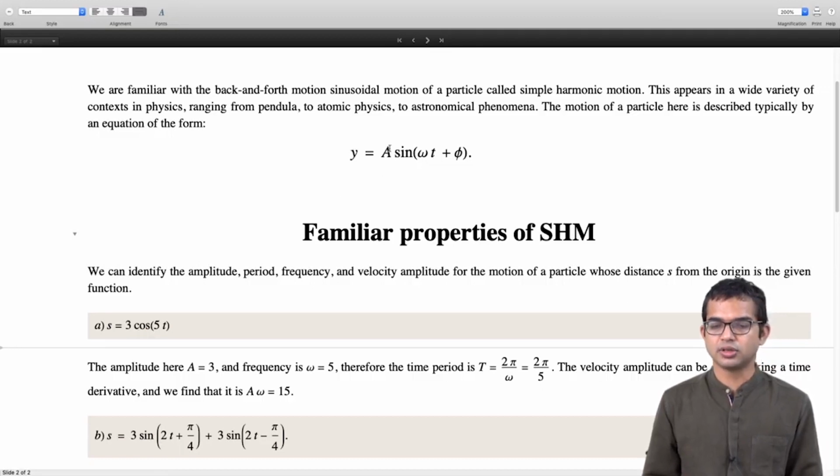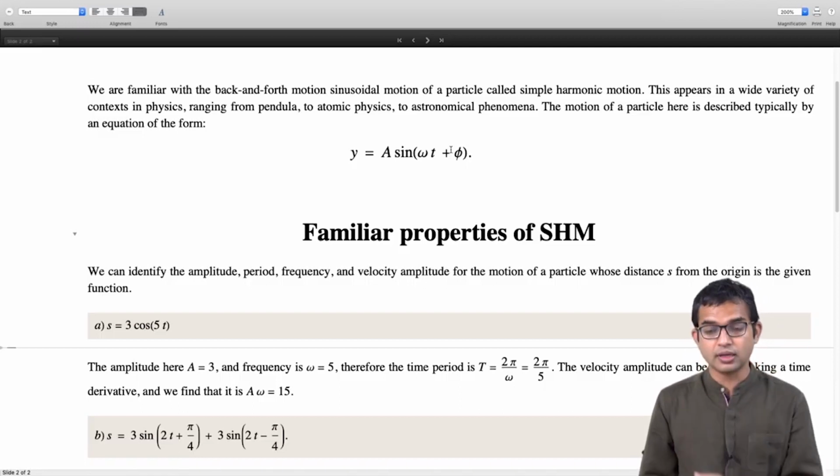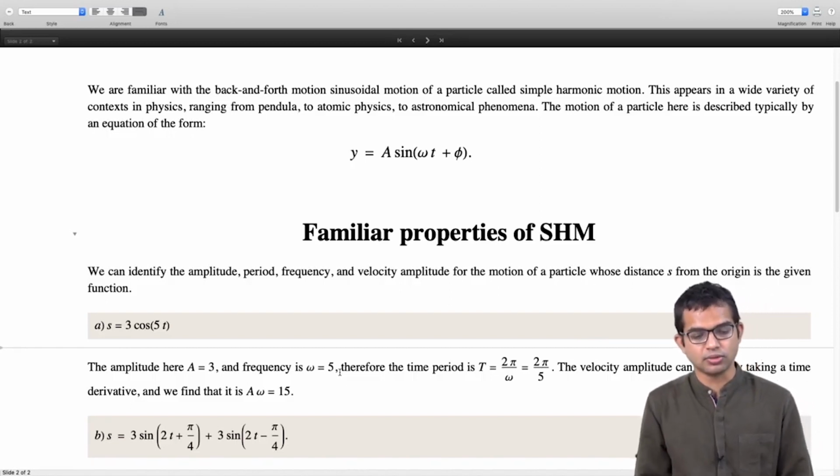In general, if you take a derivative of sine, it's going to bring out this omega, and this is going to become cosine. There is going to be a shift in the phase, but it doesn't matter so much if you're interested in the amplitude. So the velocity amplitude is going to be just a times omega, which in this case is 15. The amplitude is always taken to be a positive number. It's the magnitude.